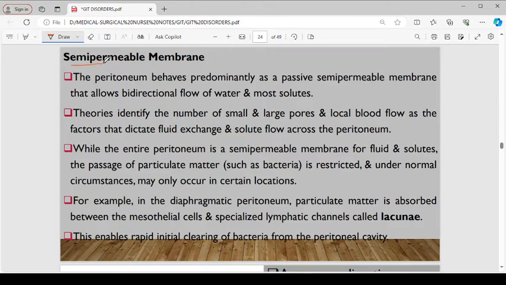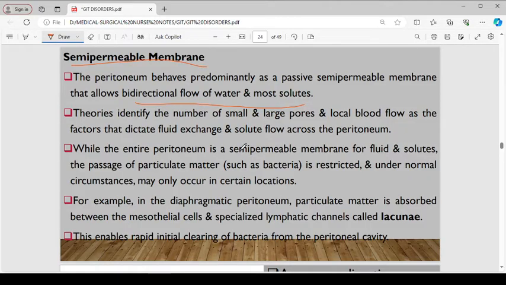The peritoneum serves as a predominantly passive semi-permeable membrane, and this will allow bi-directional flow of water and most solids. Theories identify the number of small and large pores and local blood flow as the factors that dictate fluid exchange and solute flow across the peritoneum.